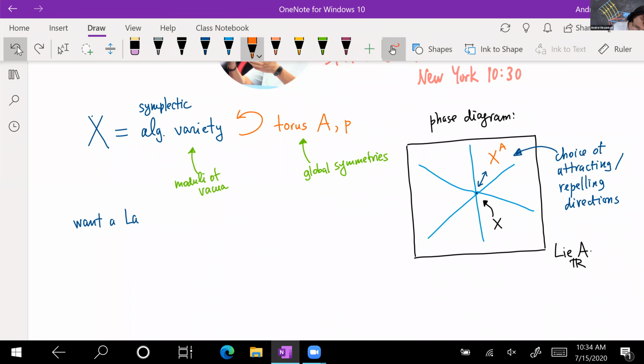Sorry, the kernel sits inside the global sections. So there's a kernel and co-kernel. In the interpolation problem, we ask about these conditions. This is existence of interpolation.